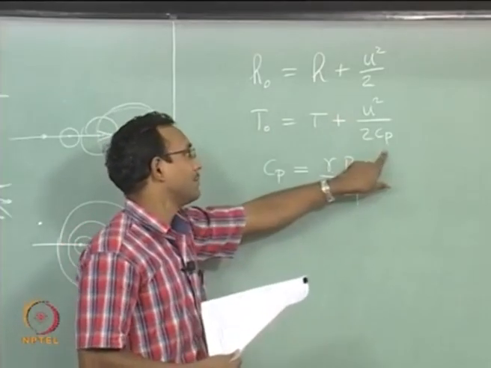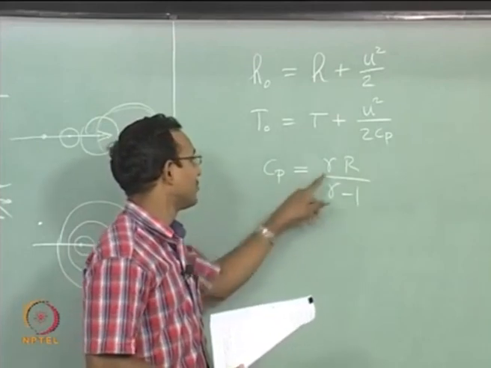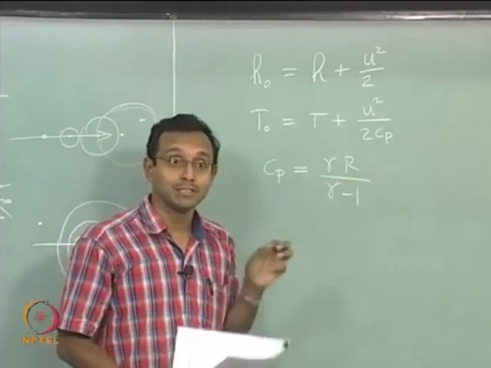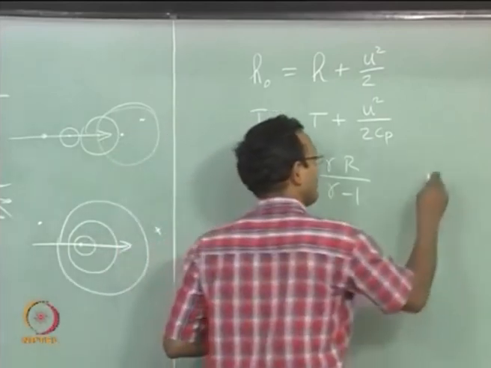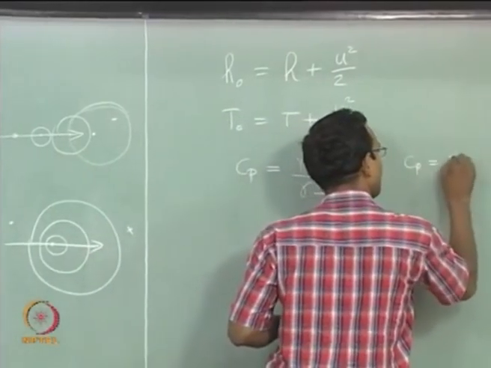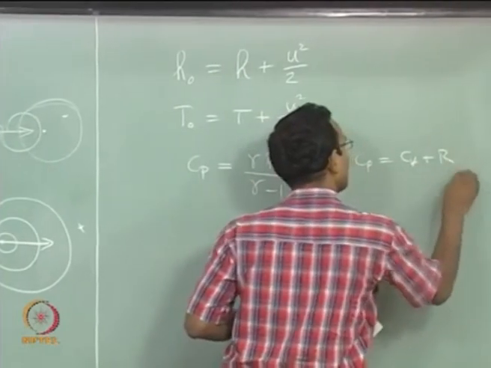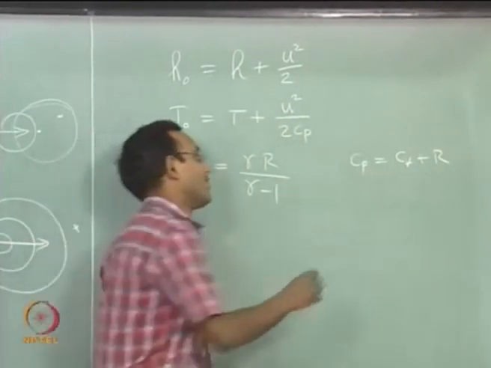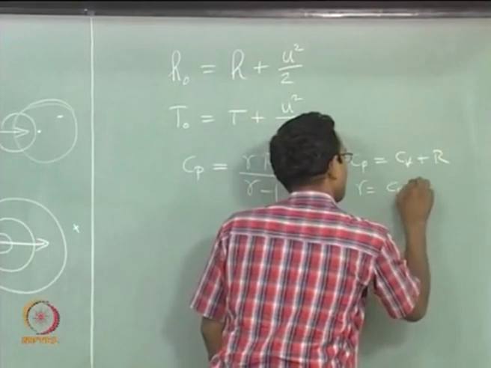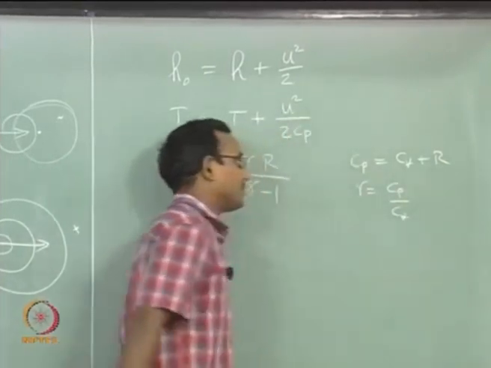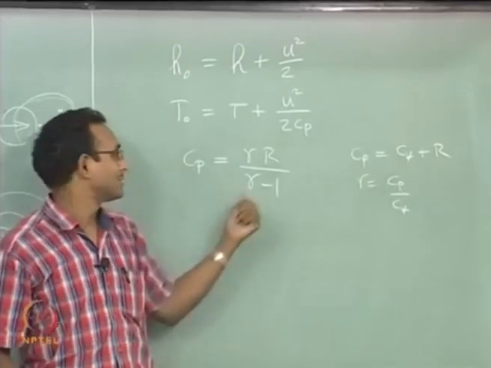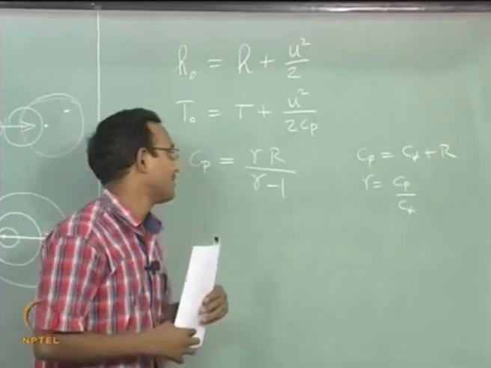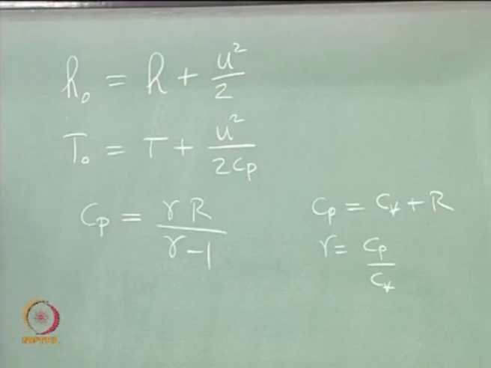So this Cp will be per mass basis, and R will be the per mass basis specific gas constant. And you can check this. This comes simply from Cp equal to Cv plus R and gamma equal to Cp by Cv. You can just divide this whole expression by Cv, substitute this, and you will get to this form immediately. It is simple enough to get.